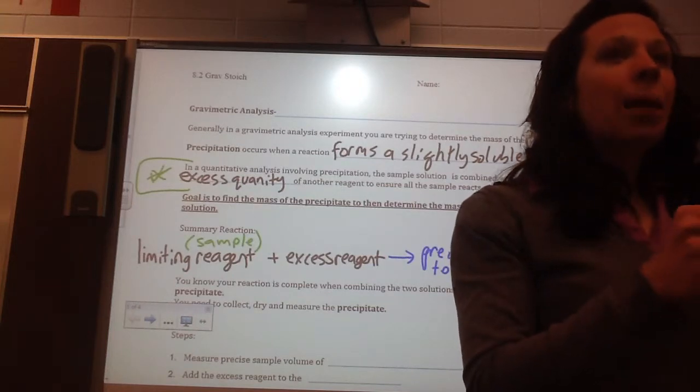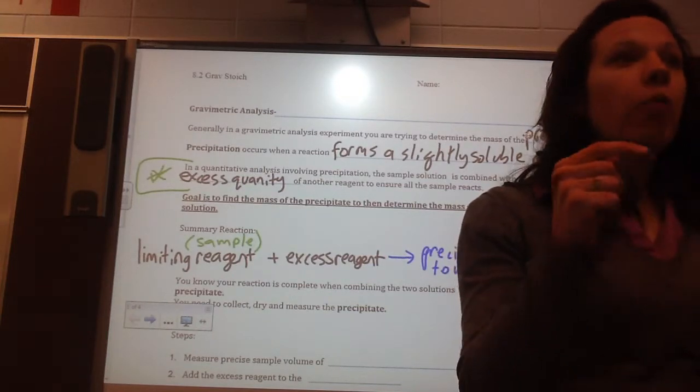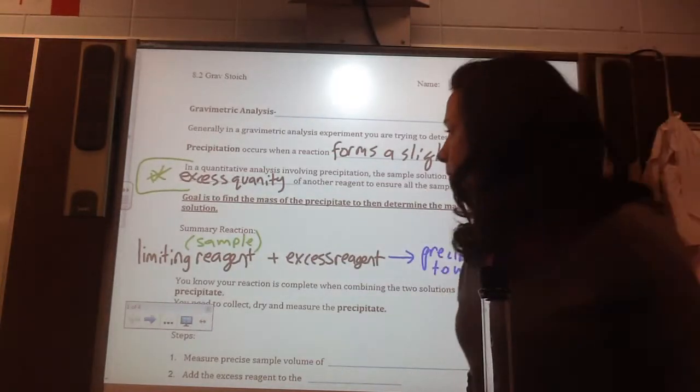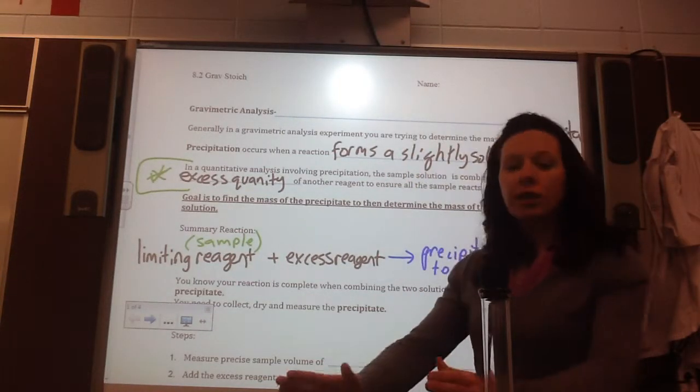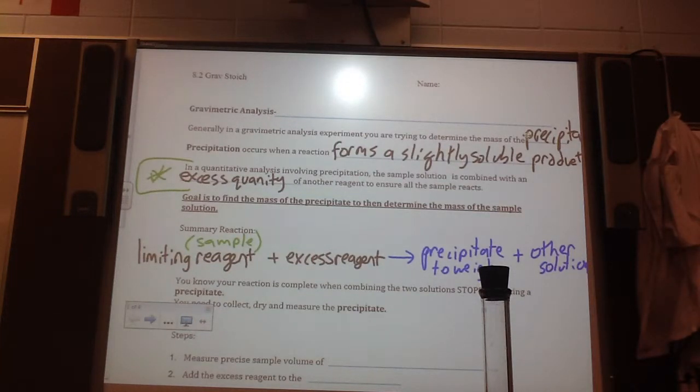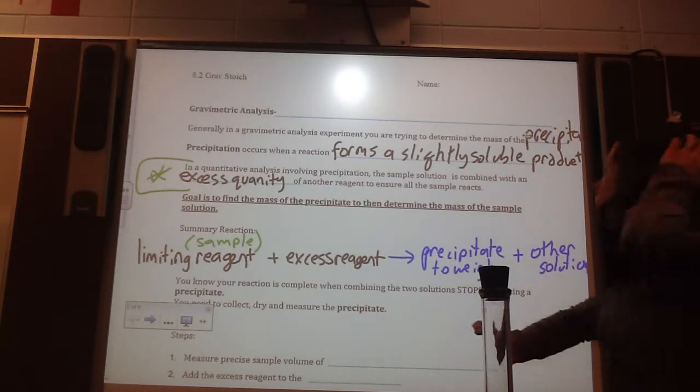You add something to it that will make a precipitate. If all of that stuff gets precipitated out, then you can solve for it. So let's do a practice question, and then I will go into all of the lab details of how to do it.